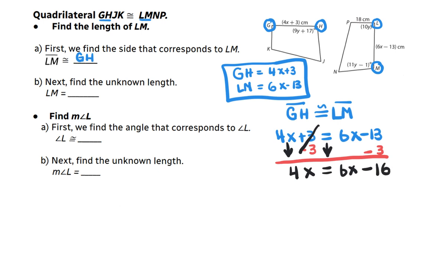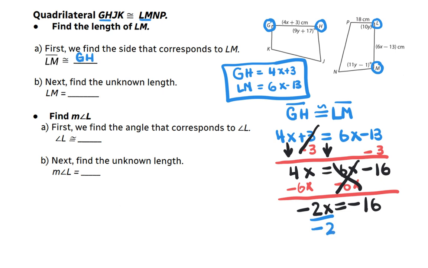Right? So now we want to move our 6x over with our 4x. So we're left with negative 2x is equal to minus 16. Now to finish getting x by itself, we divide by negative 2. So we can see that x is equal to 8.